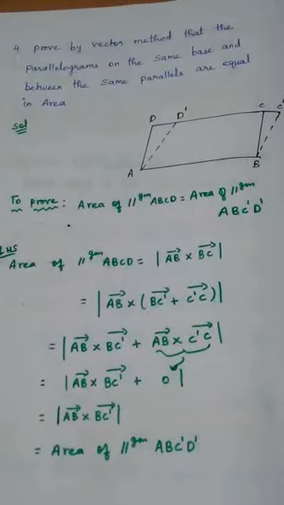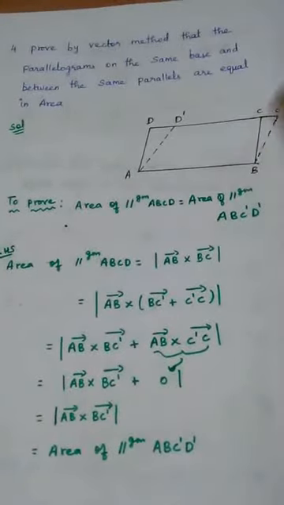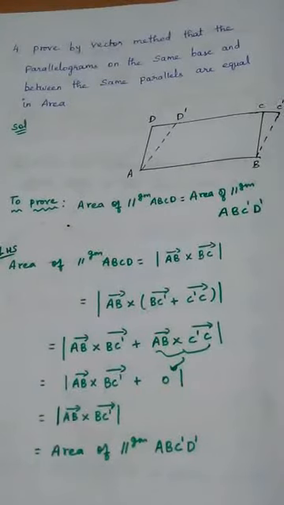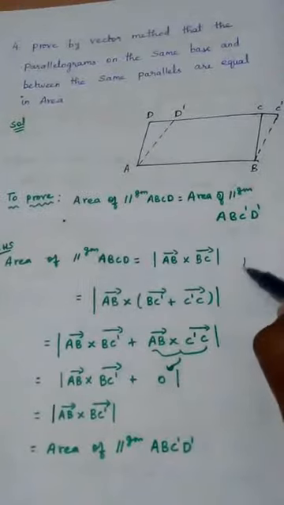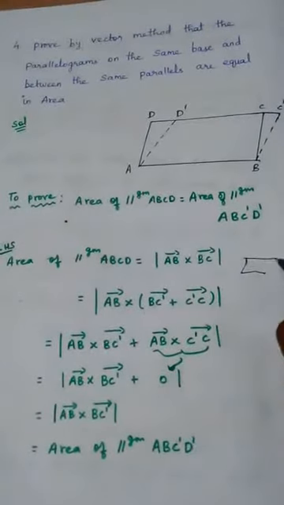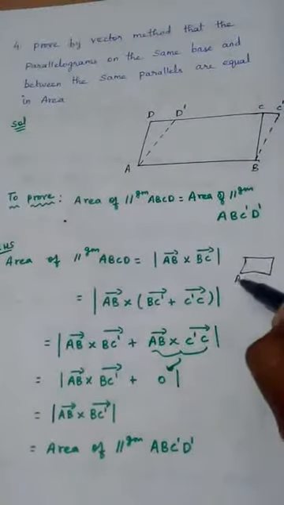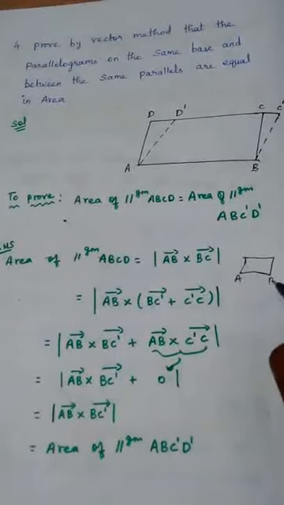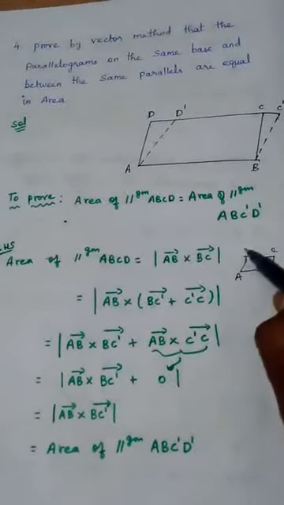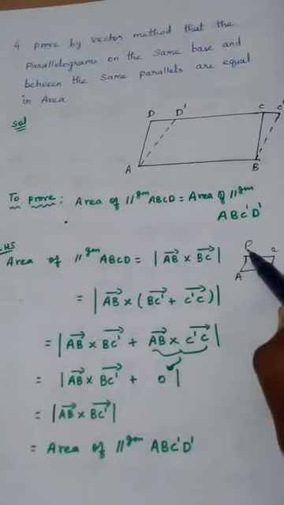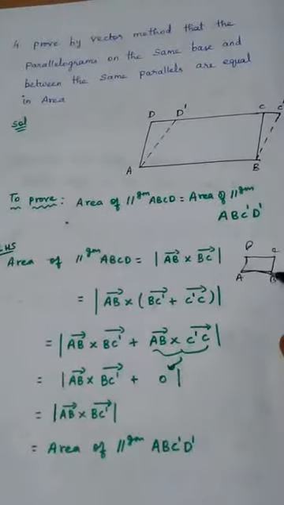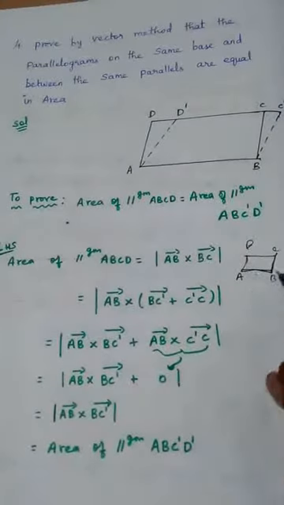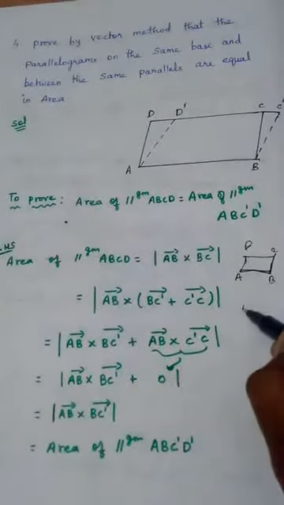The formula for the area of a parallelogram, we studied in 11th standard. If I draw a rough diagram, this is a parallelogram ABCD. Then the area formula is AB vector cross BC vector. I should take adjacent sides and make a cross product of it.